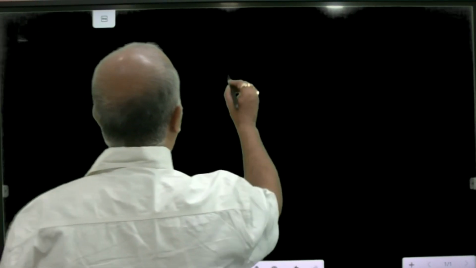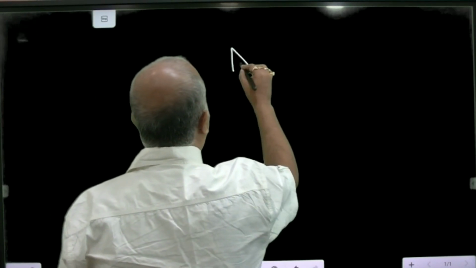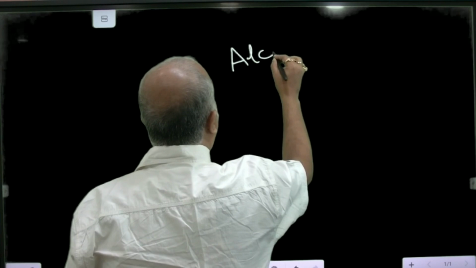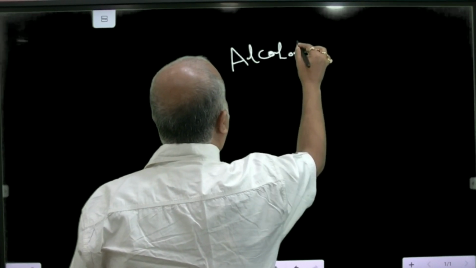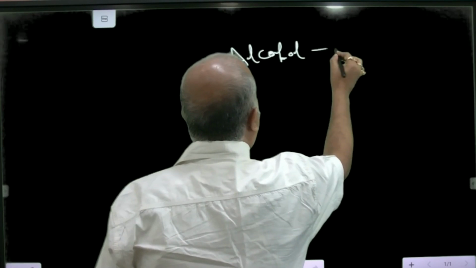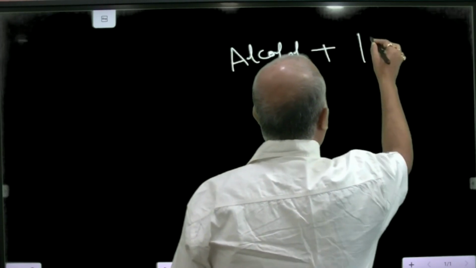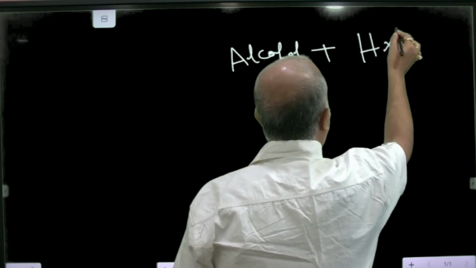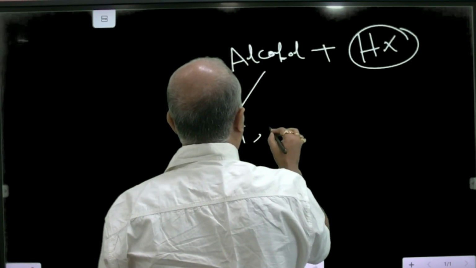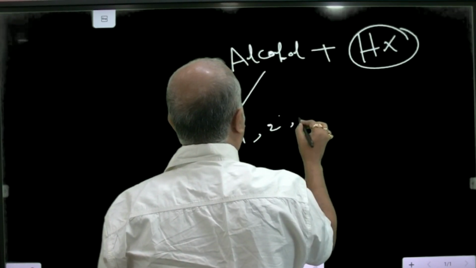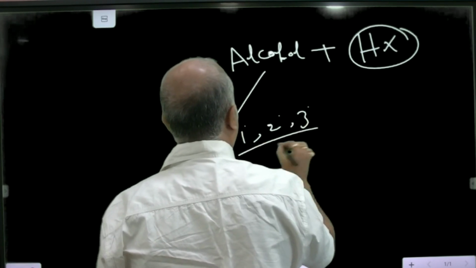Another one is alcohol plus halogen acid. It may be primary alcohol, it may be secondary alcohol, it may be tertiary.